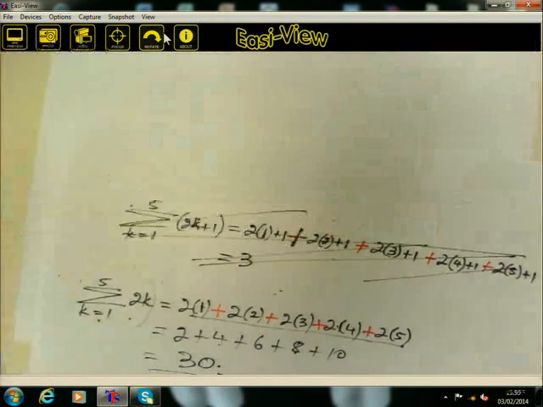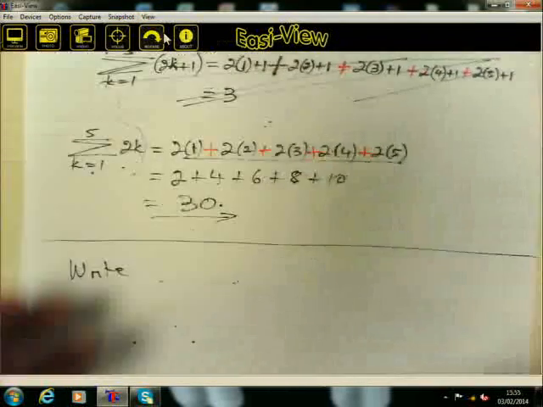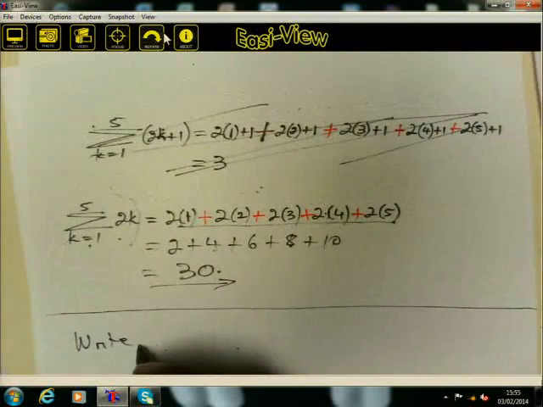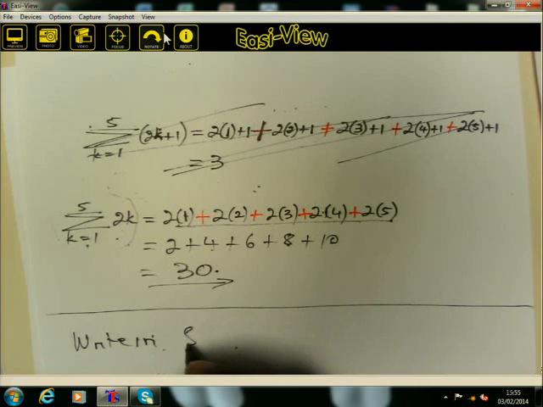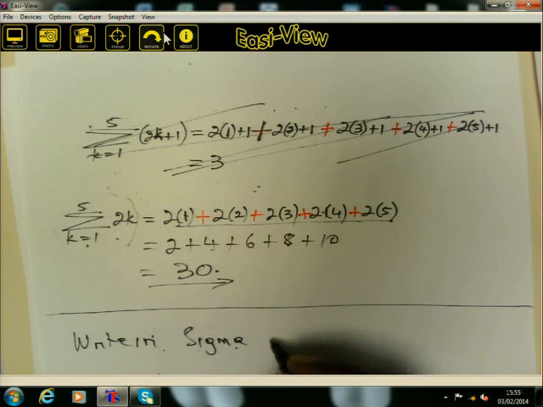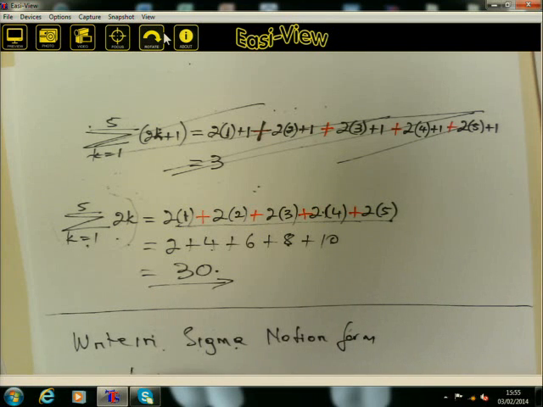Write the following in sigma notation form.